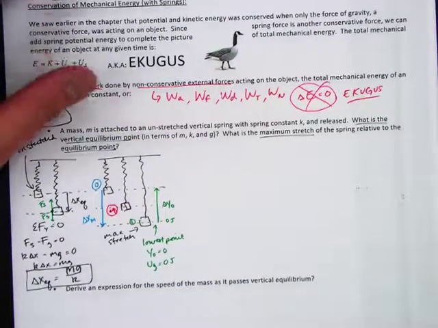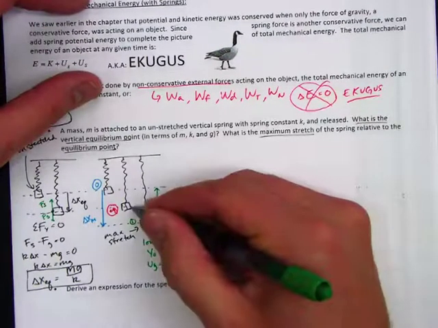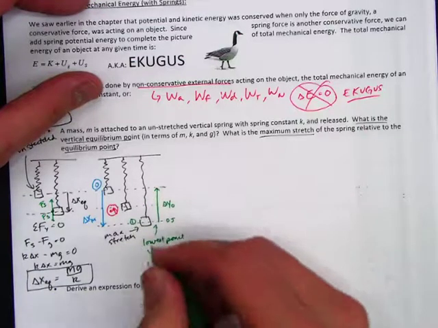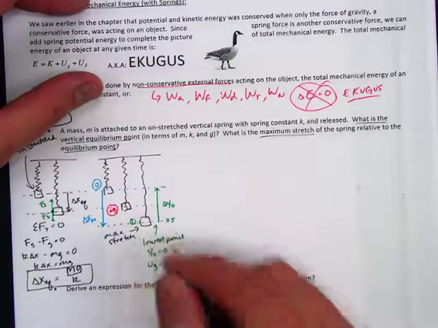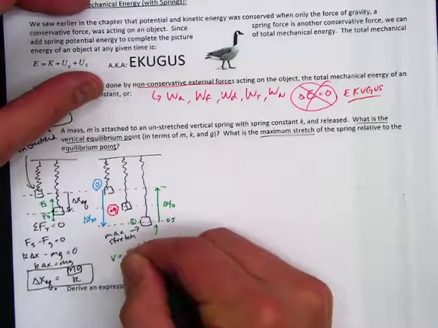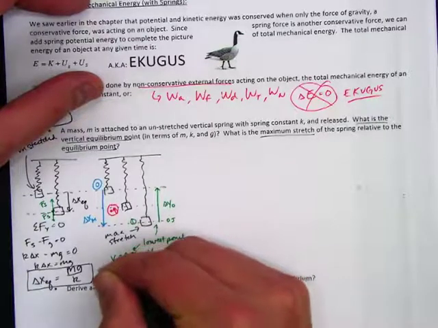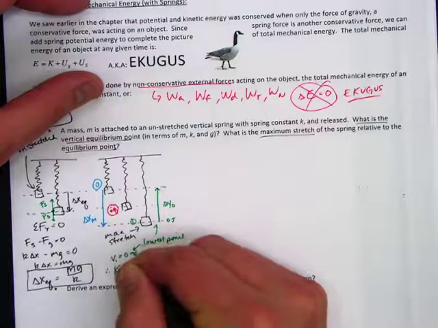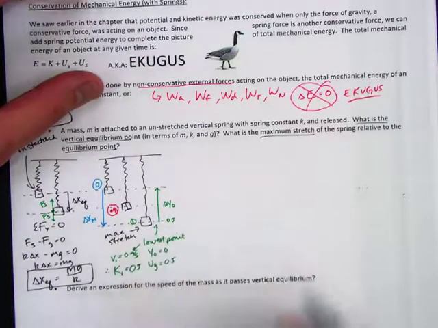What I also know is when I reach the lowest point, the mass is going to fall down, stretch to max, and then come back up. So at this lowest point, I know that the velocity is 0. Therefore, my kinetic energy, and this is at position 1, V1 is 0, so kinetic energy at 1 is 0.